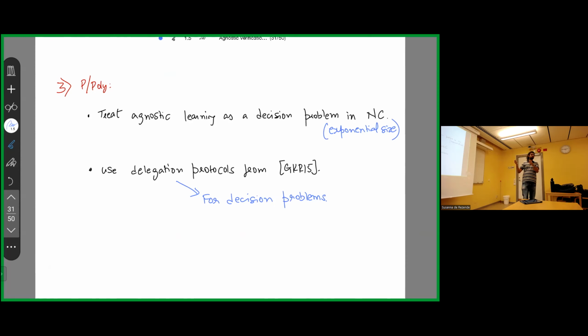This is a decision problem, so we have reduced the task of verifying an agnostic learner to the task of verifying whether this decision problem has been computed properly. And since the problem is computable in exponential size, and we're delegating the exponential size computation to the prover, that's where the unbounded honest prover comes into the picture. And then you can do this using very few samples on the verifier's side.